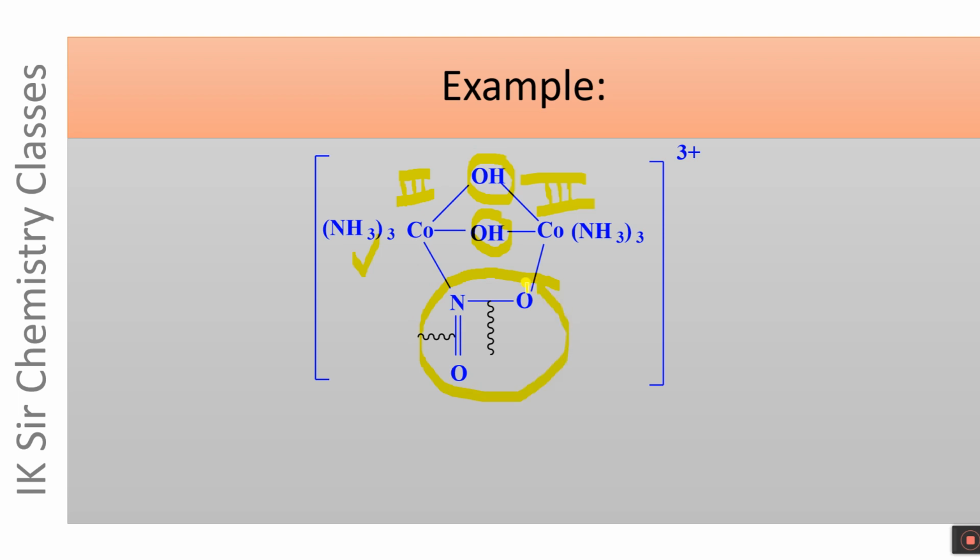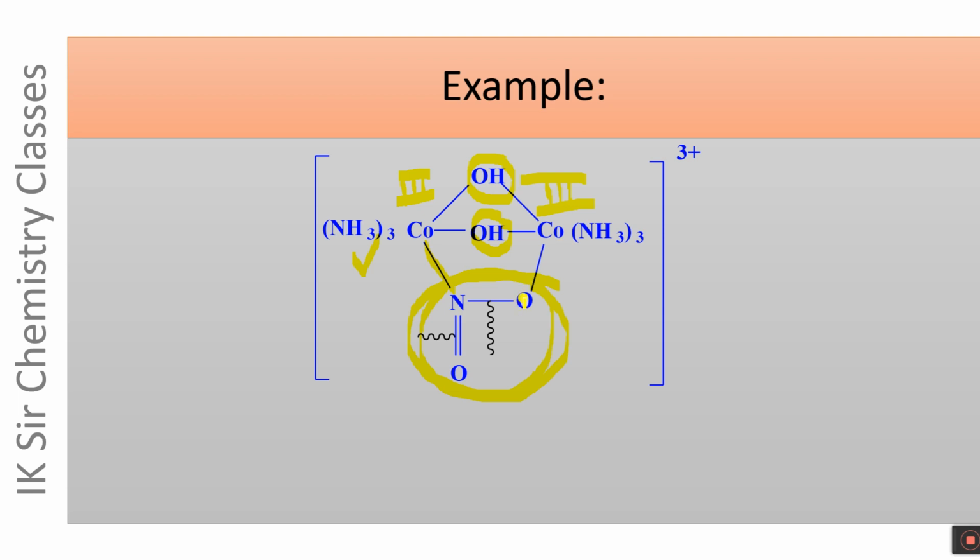Same situation is with this central metal ion. Here NO2 minus ion acts as a bridging ligand which is coordinated to cobalt triple plus ion through nitrogen atom and to this cobalt triple plus ion through oxygen atom.